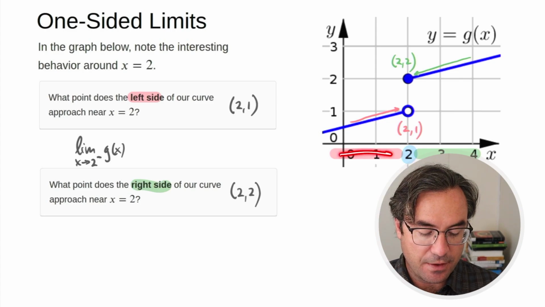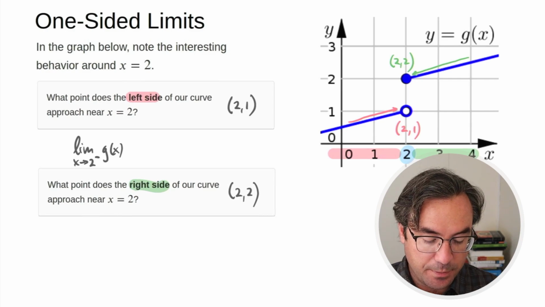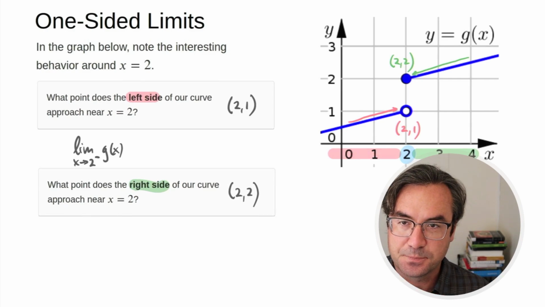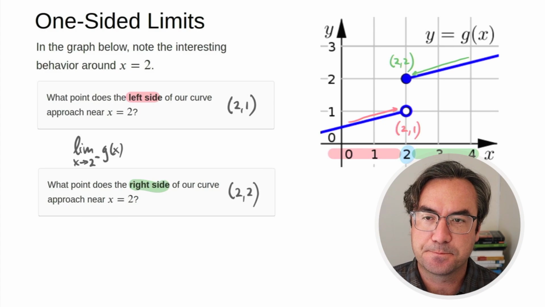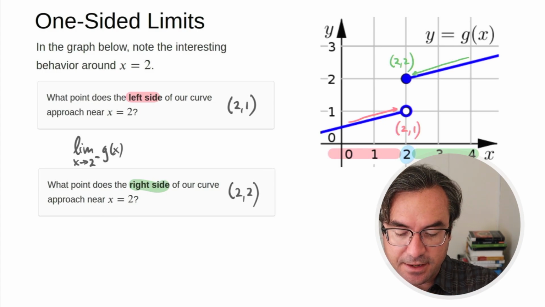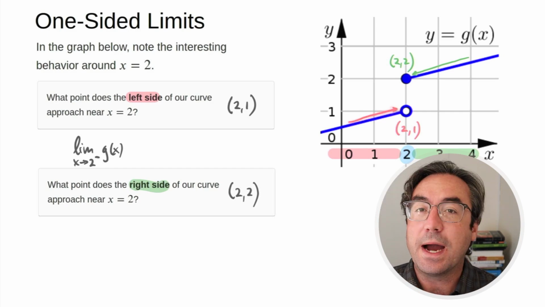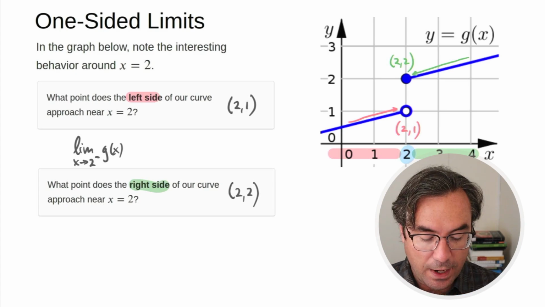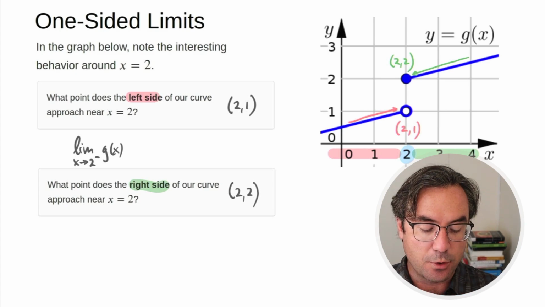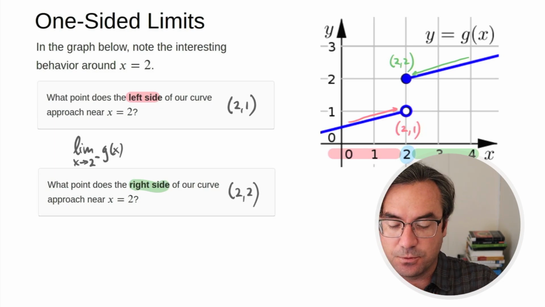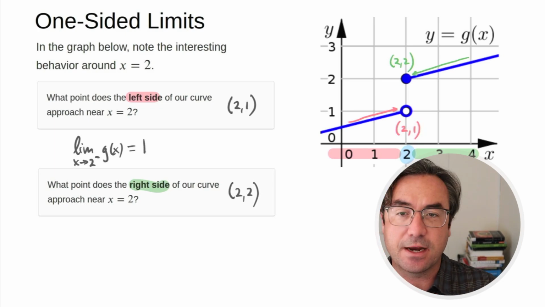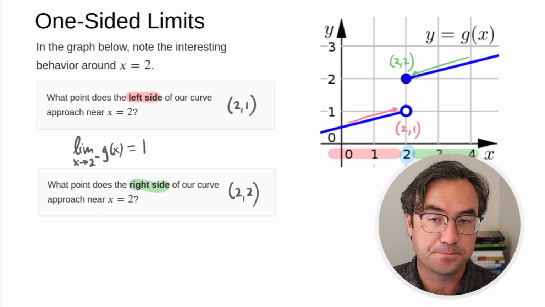So over on the left here, we're using values that are a little bit smaller than 2, so subtract a little bit. And so the left-hand limit is the y-coordinate. What is the y-coordinate of that point that we're approaching? The y-coordinate there is 1. So we would say our left-hand limit is 1.